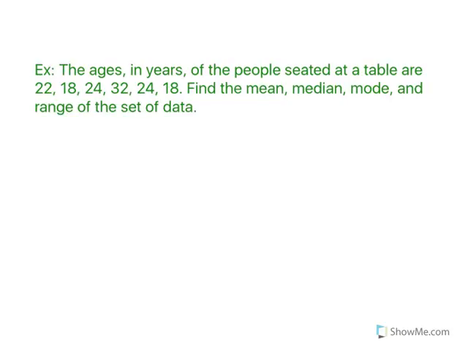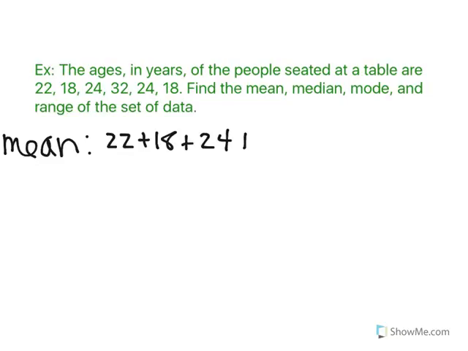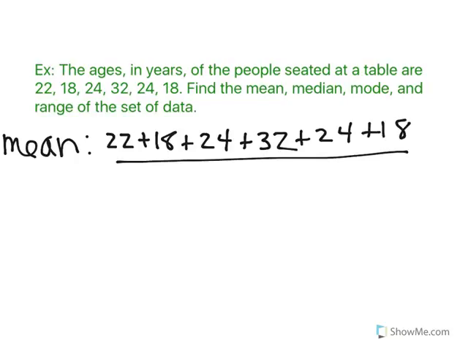Let's first talk about mean. Again, mean is that meanest procedure. We have to add 22 plus 18 plus 24 plus 32 plus 24 plus 18, and divide by the number of people there are: 1, 2, 3, 4, 5, 6 people.